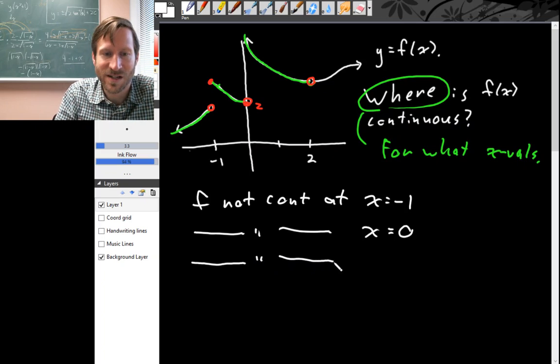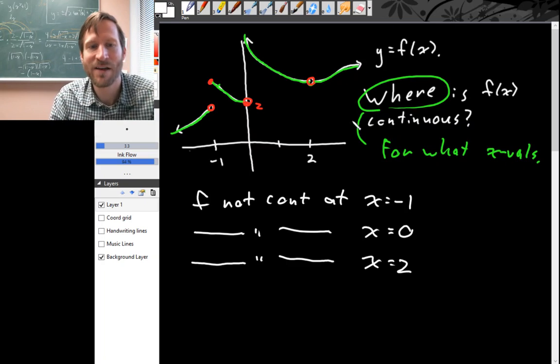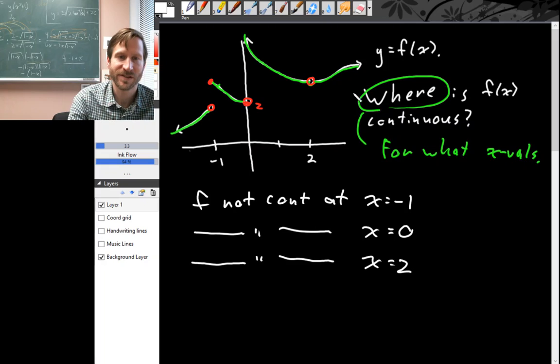So f is not continuous at x equals 2. And then beyond x equals 2, it looks like there are no more breaks in the graph. And so f is continuous at all of the x values greater than 2. So this graph is not continuous at x equals -1, x equals 0, and x equals 2.